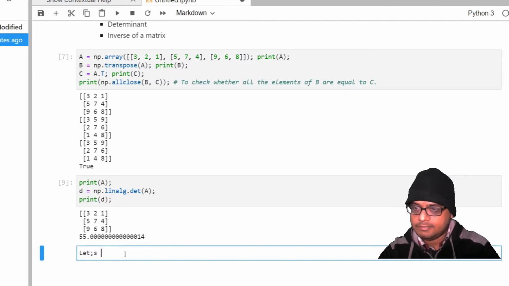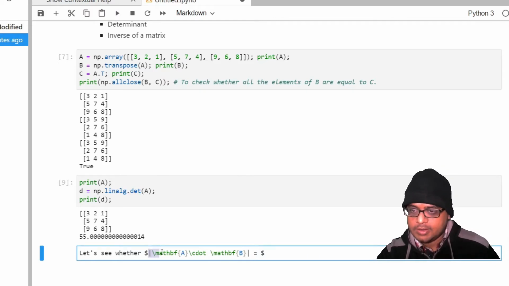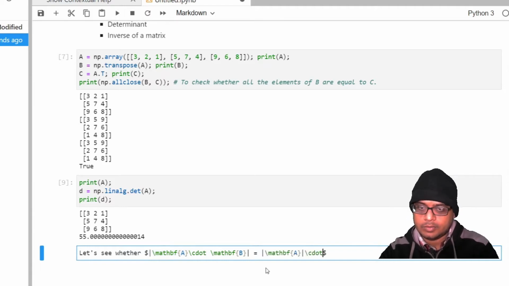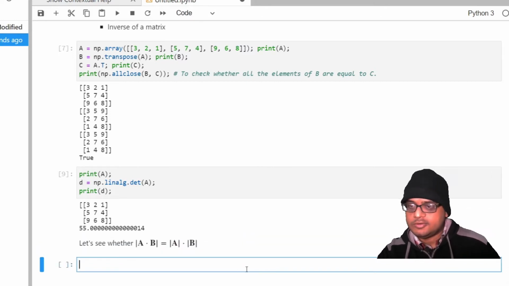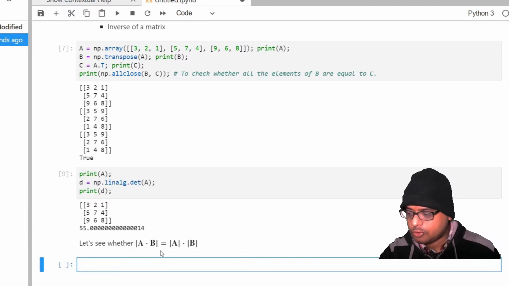Let's see whether the determinant of A times B is equal to the determinant of A times the determinant of B. So let us look whether this holds true or not.